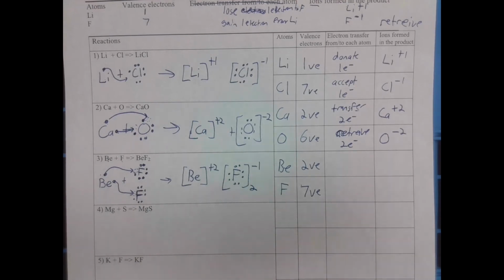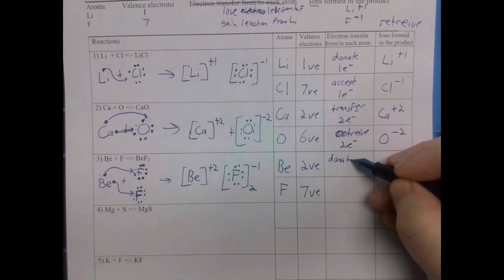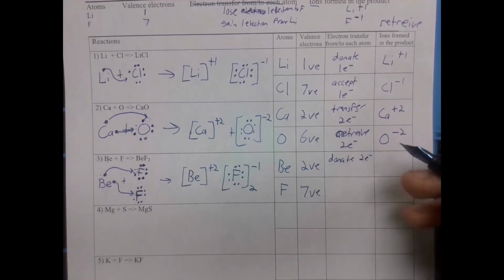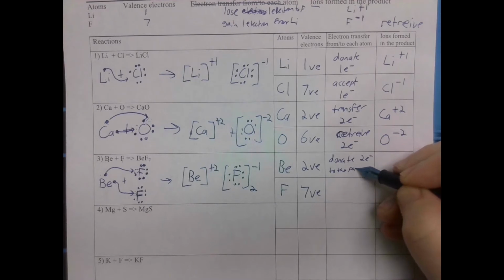So the beryllium is going to donate 2 electrons to the pair of fluorine atoms.